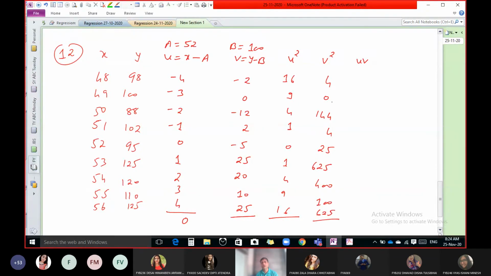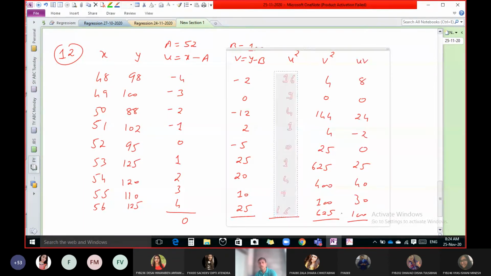If you add, we get sigma v square. And for u into v, just multiply these two: -4 into -2 is 8, -3 into 0 is 0, -2 into -12 is 24, then -2, then 0, then 25, 40, 30 and 100.